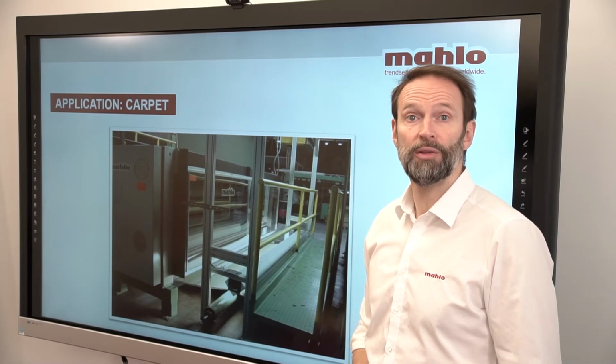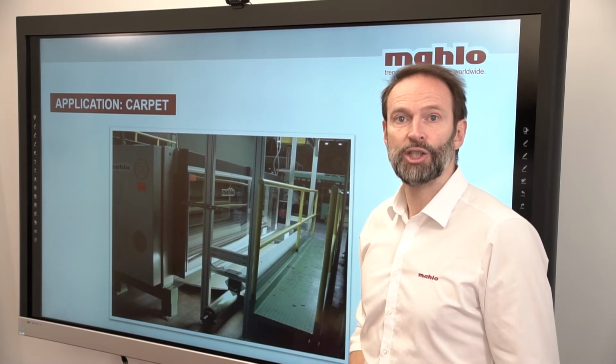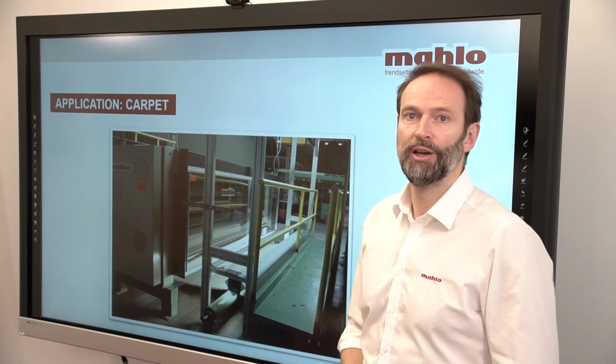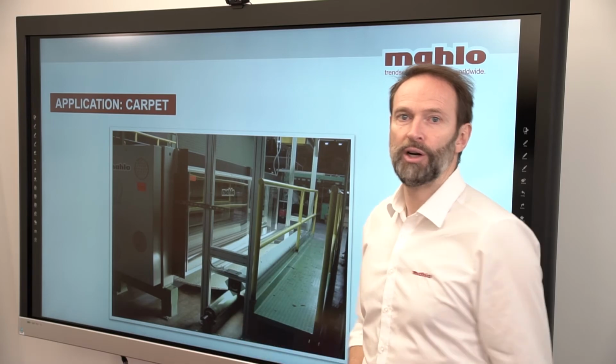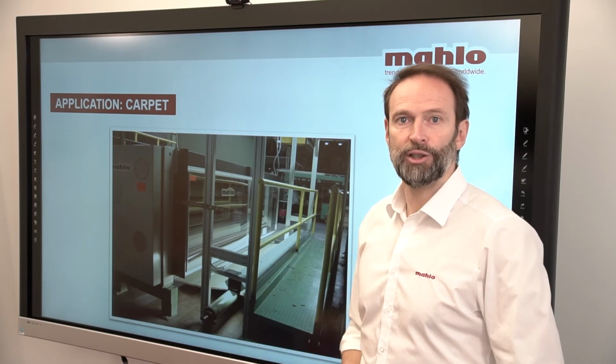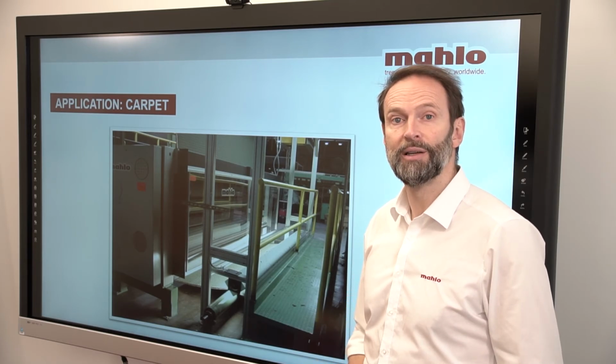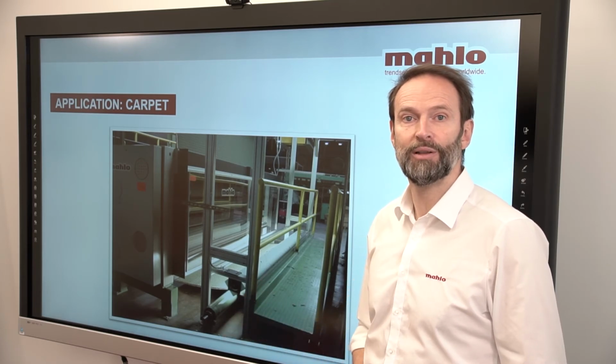You have control about the system, you can adjust things before it's too late, and you can monitor it. You can monitor it for your production manager, you can monitor it for a client, for customers. You have all the data available when you need it.